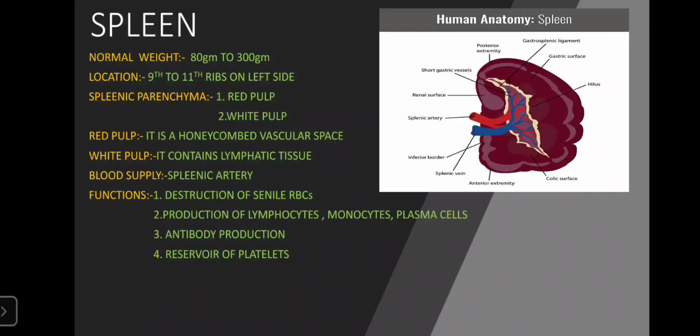Due to increased fragility and small sized capillaries, the RBCs are destroyed in the spleen. Another important function of the spleen is production of lymphocytes, monocytes and plasma cells. Spleen is also very helpful in the production of antibodies, and the spleen also acts as the reservoir of the platelets.